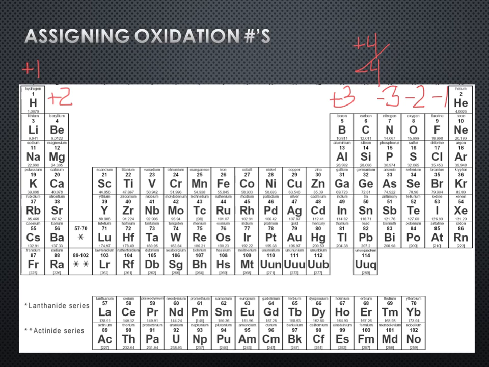The halogens are always -1. And our last column is 0. Why is it 0? Because it doesn't want to gain or lose electrons. It already has a stable shell. That's why they're inert. They don't want to bond with anybody. So these are the oxidation numbers, and each column here has the same oxidation number assigned that's right above it.